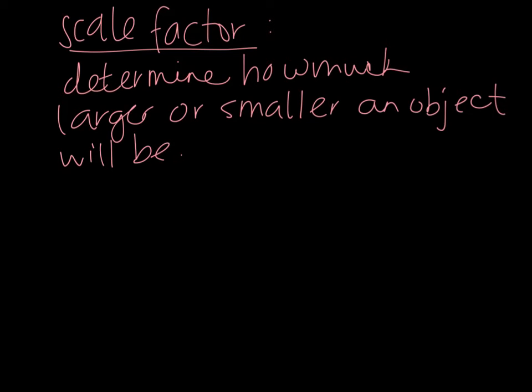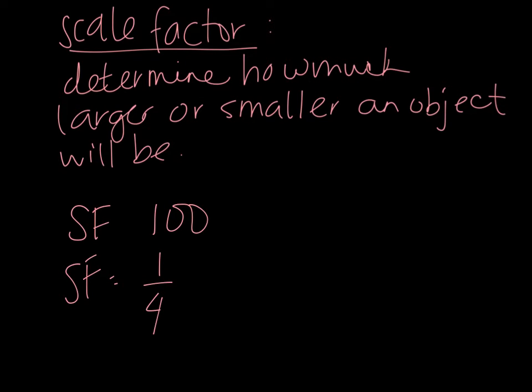So we have this new word called scale factor. This number tells me how big or small an object will be. So if my scale factor, we'll call that SF, stinky feet, is 100, then it's going to make it really big. If it's smaller than 1, say my scale factor is like 1/4, then it's going to make it really small.